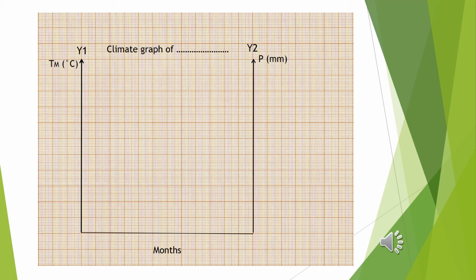And then you have your two y-axes, y1 and y2. y1 will always represent the monthly mean temperatures, and y2 will always represent the monthly totals of precipitation. And of course, let's not forget the title. You will always have to write a title on top of your graph. So the usual title is Climate Graph of the City we will study together.